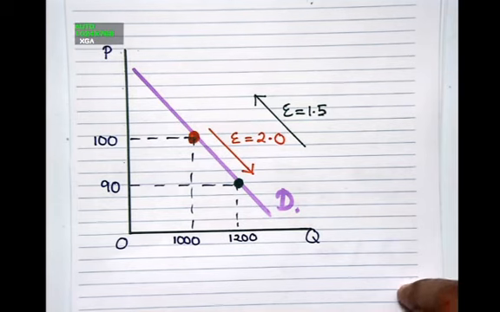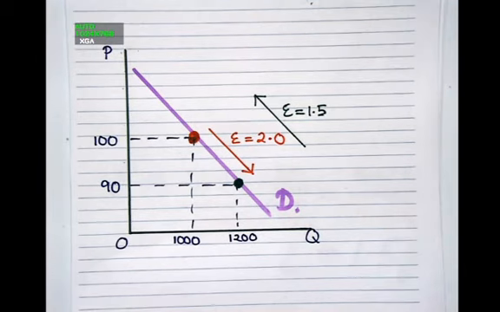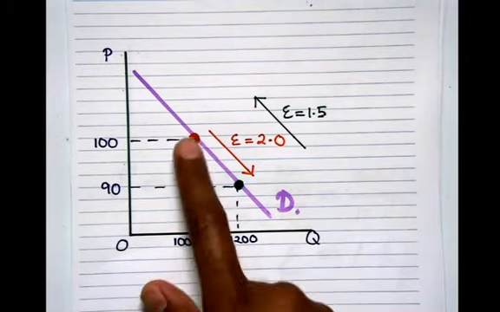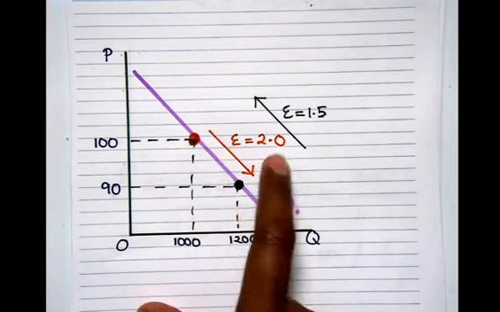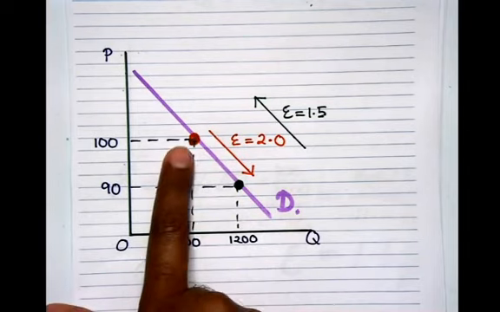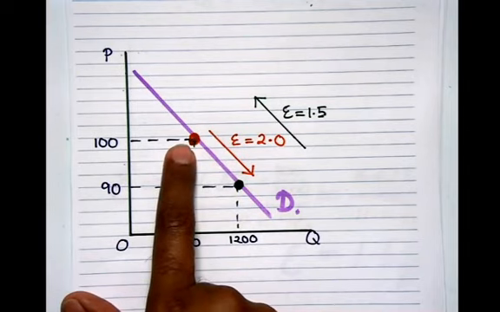So do we get the same answer for price elasticity for a price decrease compared to a price increase? No. We don't get the same answer because our reference point changes. If the price decreases, that's our reference point.